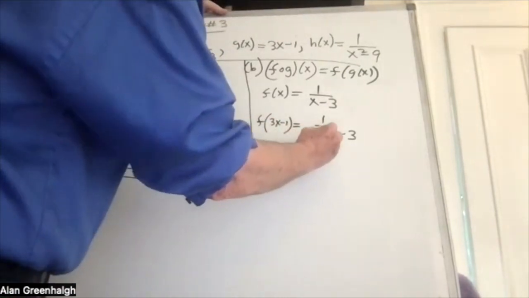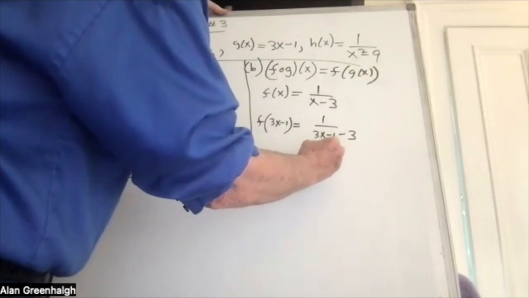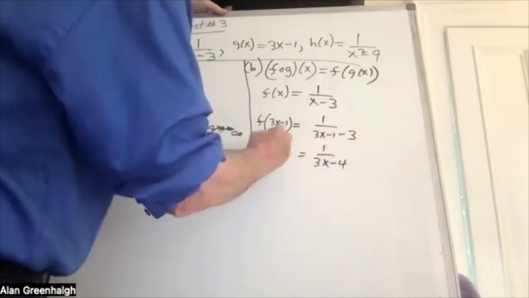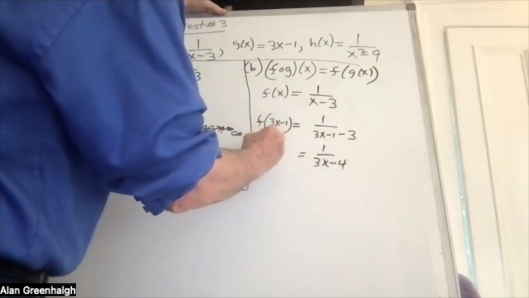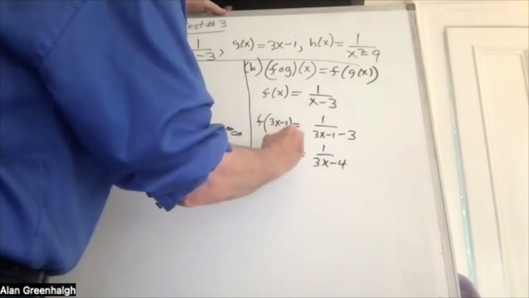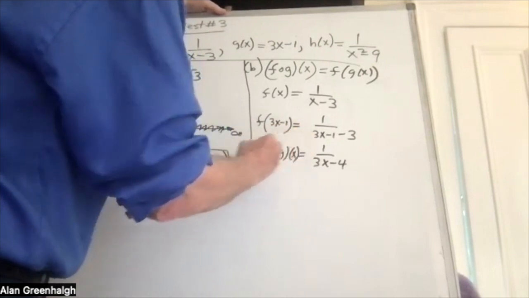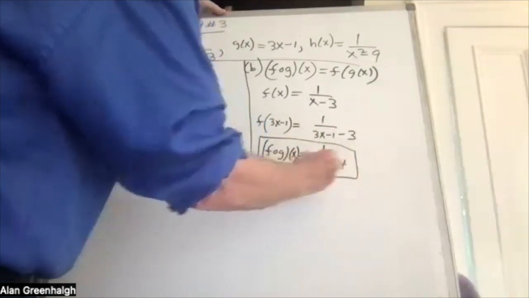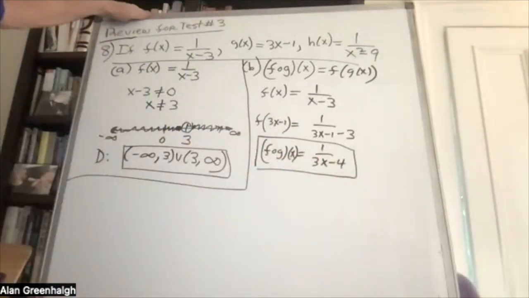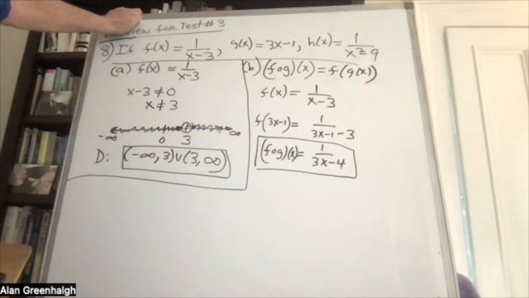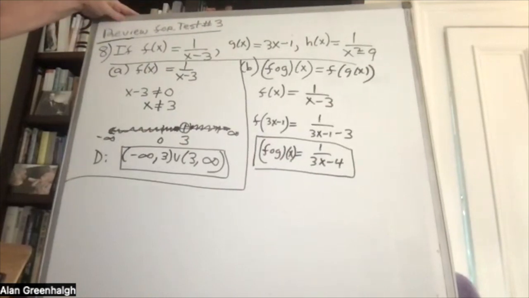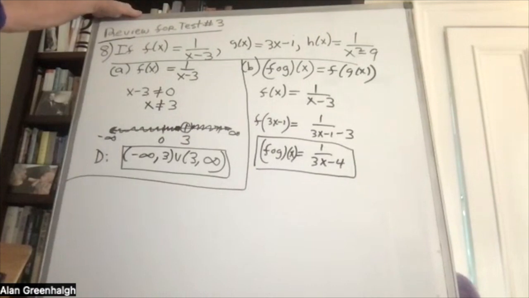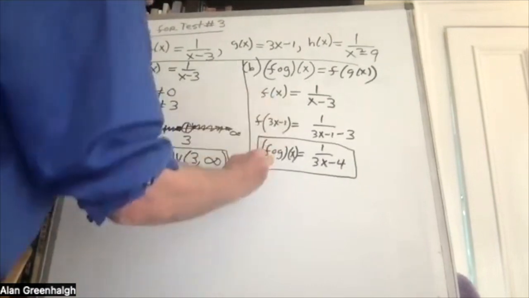Which will equal 1 over 3x minus 4. That's it. F of g of x will equal this expression. That's part B. Part C, find the domain of this.